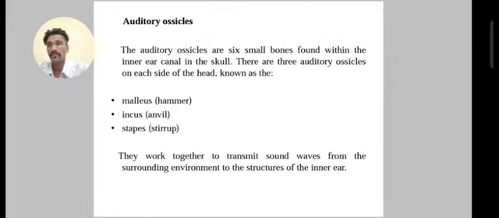Auditory ossicles. This is another part, the interior of the ear. When we are talking about the ear, we are talking about the ossicles and the pinna. Those have the three smallest bones of the body, although we are not talking about the largest bone, which is the femur.